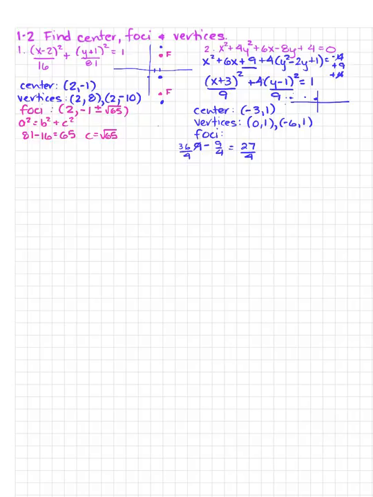So my c value will be the square root of that. So c is going to be 3 rad 3 over 2. It's a lovely number, isn't it? And so to actually write the coordinates, in this case, you're going to go back to your -3 and forward and back 3 rad 3 over 2, but everyone will be at the same y value of 1.